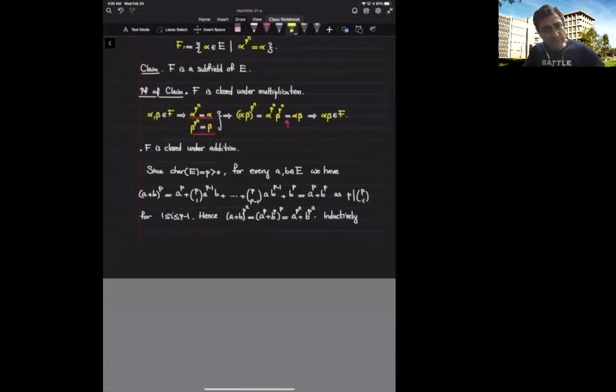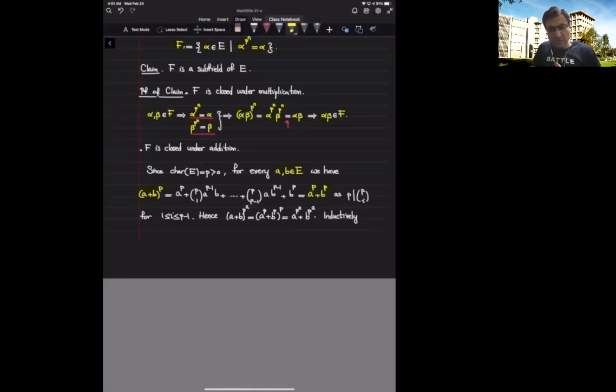Why is it closed under addition? Remember, the characteristic of this field E is p, a prime number. And in this scenario, we've seen that the freshman's wish comes true, meaning we do have (a plus b) to the power p equals a to the p plus b to the p for every a and b inside this field E. In fact, this is true for every unital commutative ring that has characteristic p.